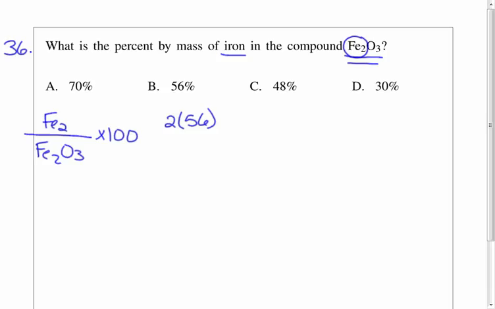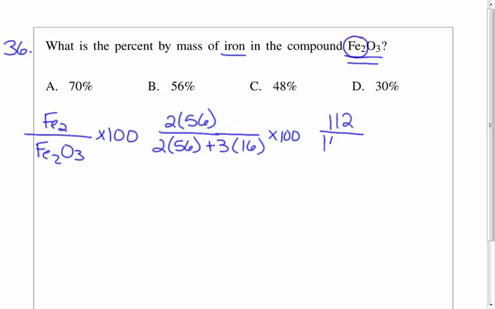It's 55.85, but we can round it to 56. We'll have 2 times 56 plus 3 times 16. So when we do our calculations there, we end up with 112 divided by 160. And we end up with 70%.